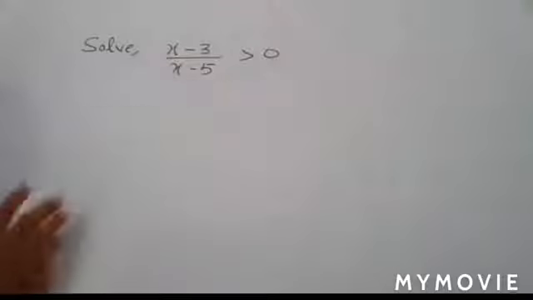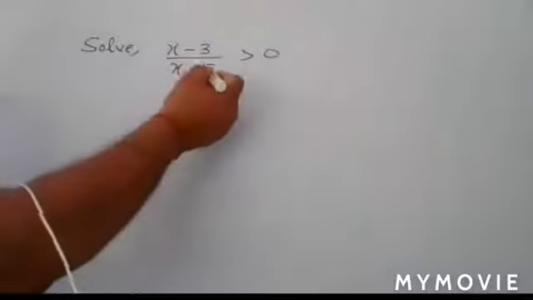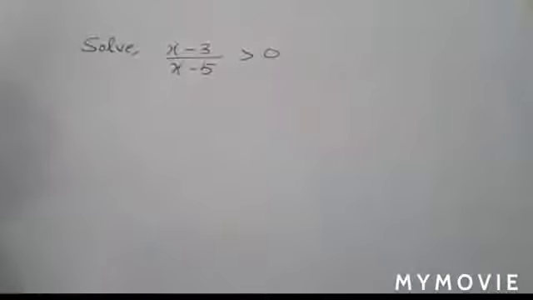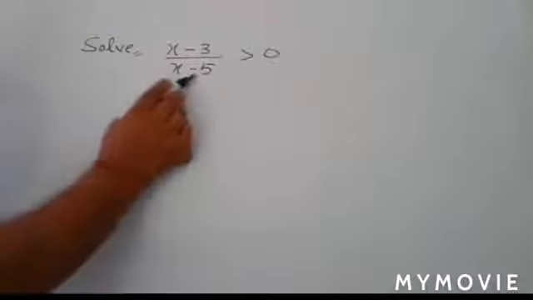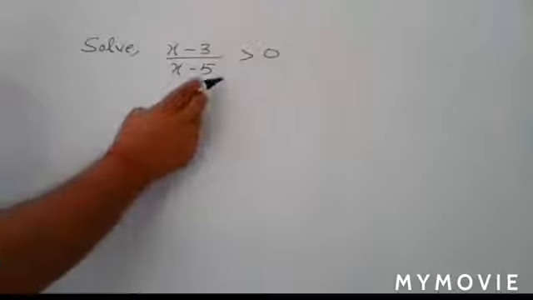First of all, you have to make the quantity or function in the numerator and denominator equal to 0, and plot all those points in ascending order on the number line. From this situation, you have one condition that x minus 5 is not equal to 0. If you make x minus 5 as 0, the value of x is equal to 5.